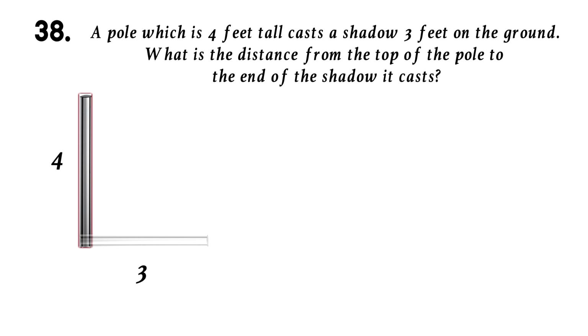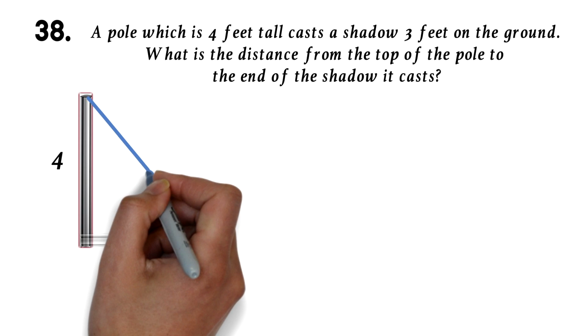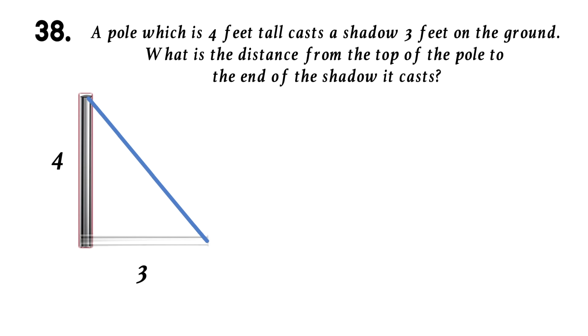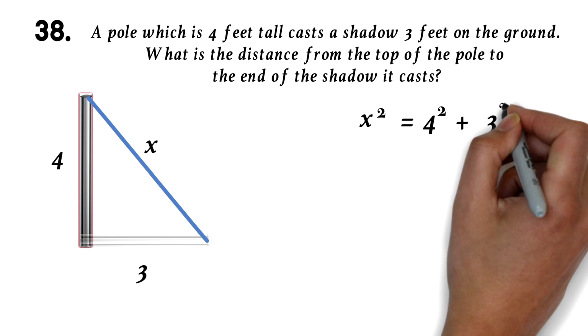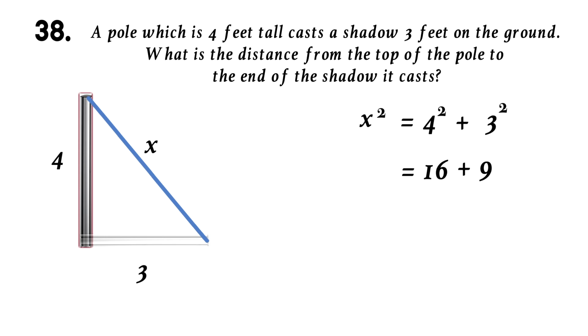We are supposed to find the distance from the top of the pole to the end of the shadow. We will see that we have formed a right triangle exactly like in 37. We solve it exactly the same way. X squared equals 4 squared plus 3 squared. So you solve it and get the distance as 5 feet, same as 37.